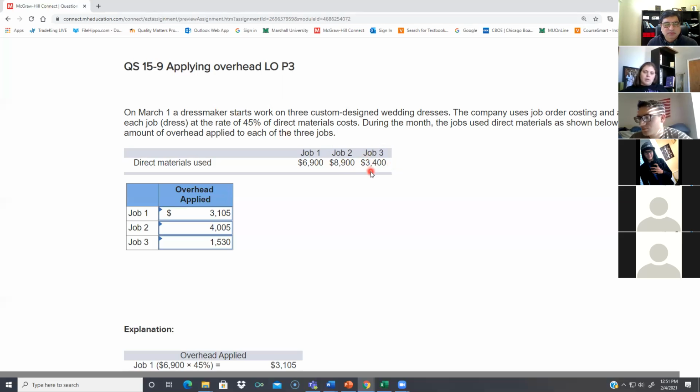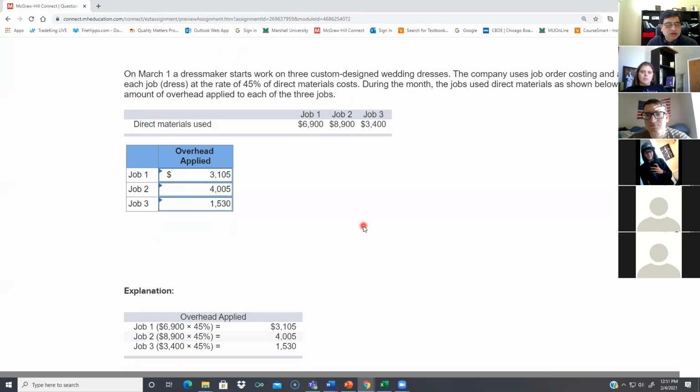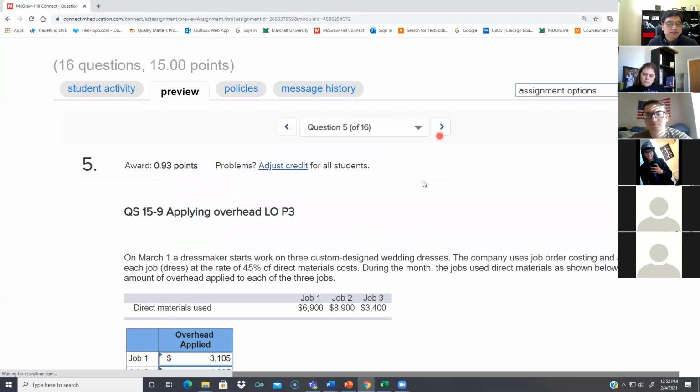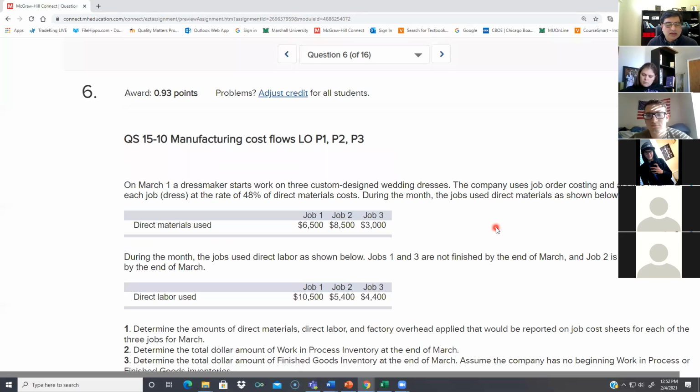Job 3, it would again be the same thing. Does everyone understand this applied overheads part, please? Yes. Okay.